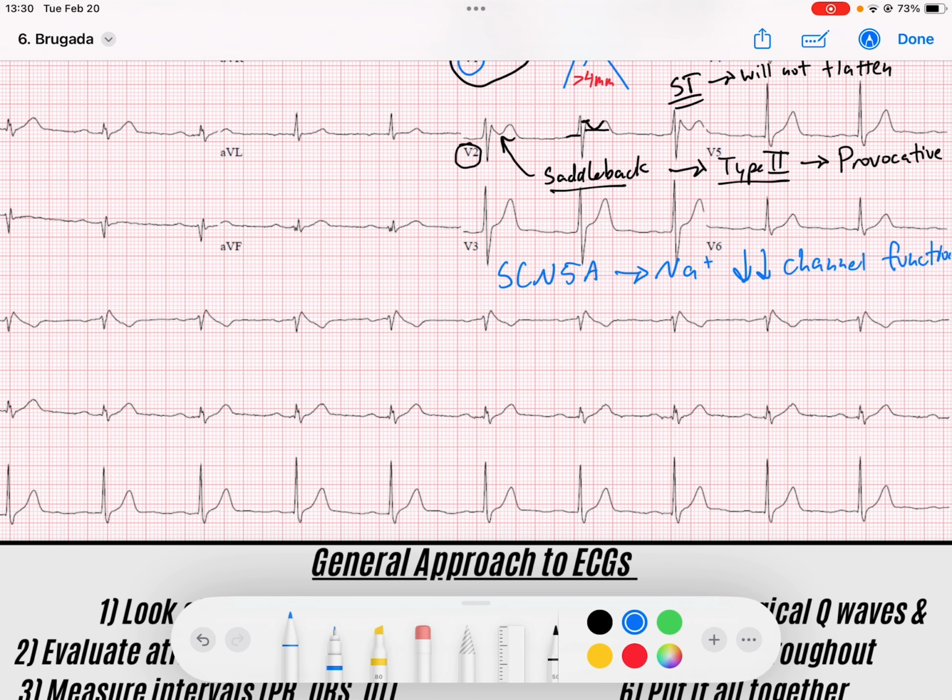So what if, to help unmask it, we give a medication like procainamide? Okay, procainamide, what is its mechanism of action? It's a class 1 antiarrhythmic. It's a sodium channel blocker.